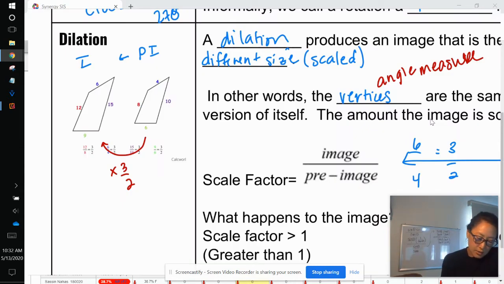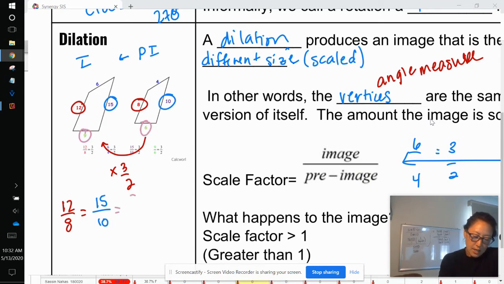Another thing I can do is look at all of the side lengths, the image to the pre-image. 12/8 should be equal to another ratio of the sides, 15/10, and another ratio of the sides, 9/6. Let's do the original, 6/4.